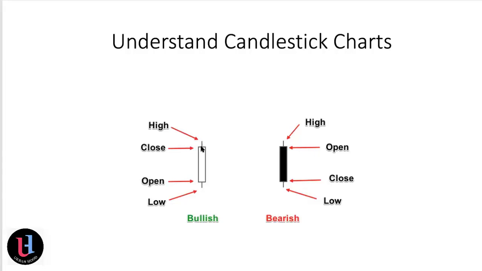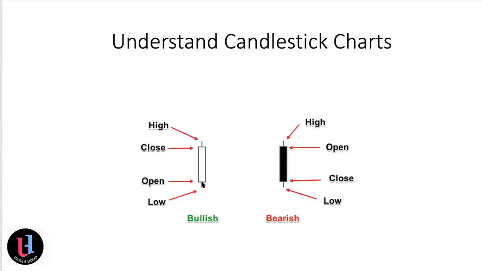And the higher end of the body, this will represent the open or close depending on whether it's a red candle or a green candle. And same with this will be either open or close, and then this part will be the lowest that the stock went that day. So how do you differentiate whether this is open or this is closed, right?